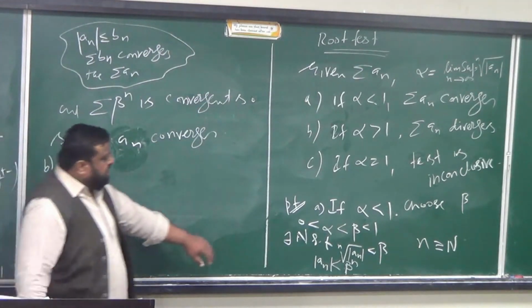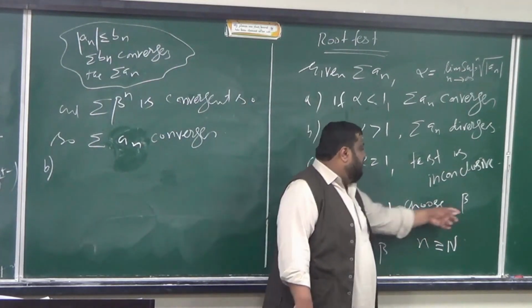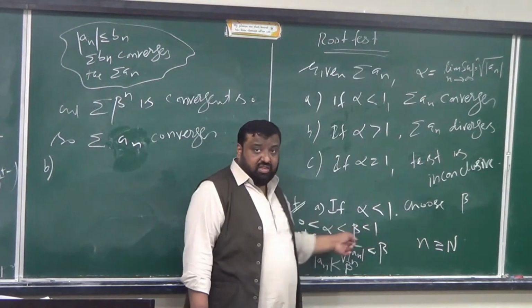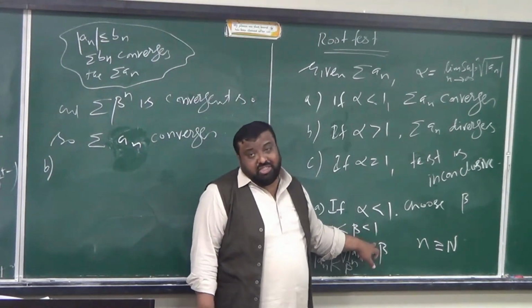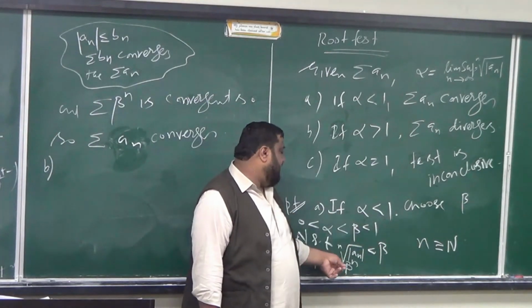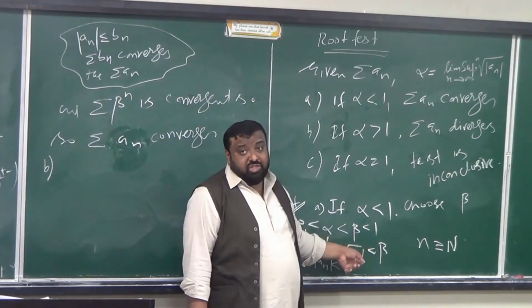So what he said is that if alpha is smaller than 1, then obviously I can choose a beta between alpha and 1, and it is going to be bigger than 0. And why was I not interested in 1? Just think about it. If I had just taken 1, that would give me that the absolute value of an is less than 1 to the power n, which is 1.